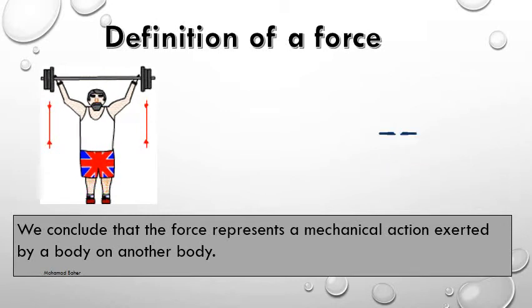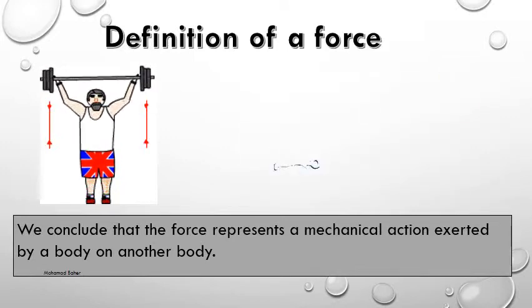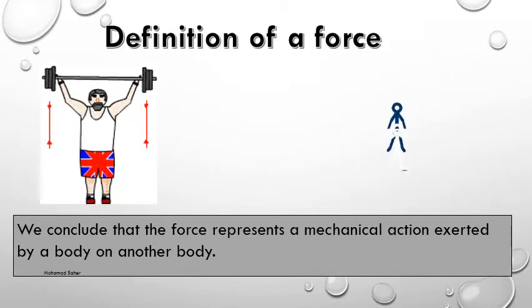We must conclude the definition of the two forces from these two figures. In figure 1, there is a man holding the lifting, and he is using his muscles to push it up and down. So, he is making a force to move it. And in figure 2, there is a boy kicking the ball.